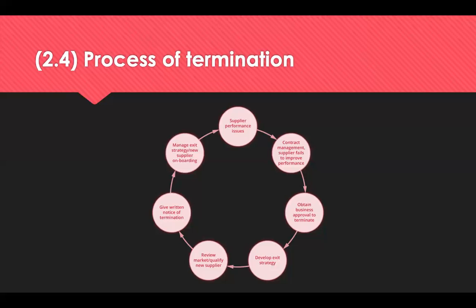This stage is easier if the contract clearly sets out each party's responsibilities. Now, aim to end the buyer-supplier relationship amicably if possible. If contract termination results in hostile behaviour from the supplier, it's likely that the transition of services will be a little bit more difficult.